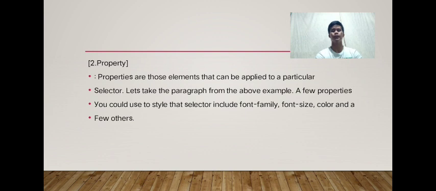And the second is the property. Properties are those elements that can be applied to a particular selector. Let's take the paragraph from the above example. A few properties you could use to style the selector include font family, font size, color, and a few others.